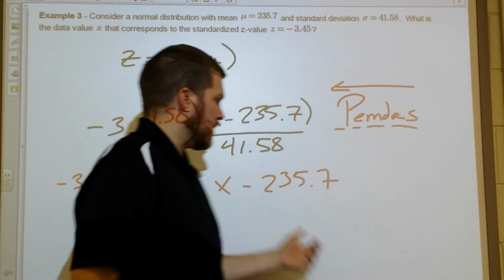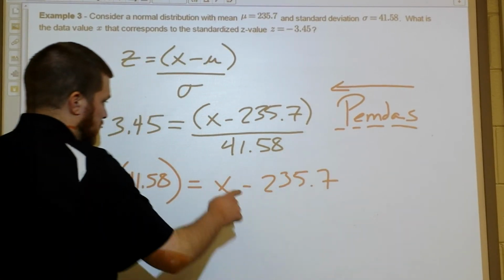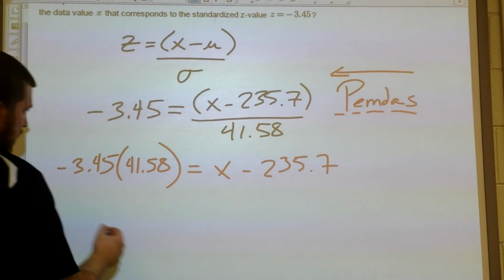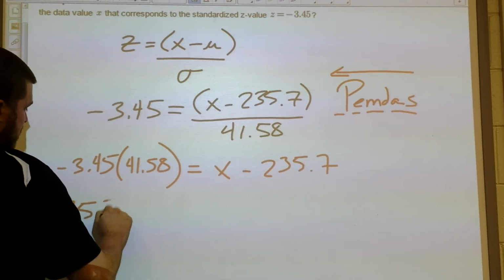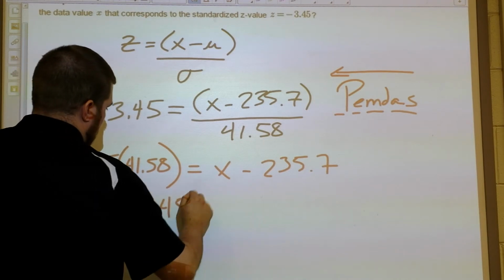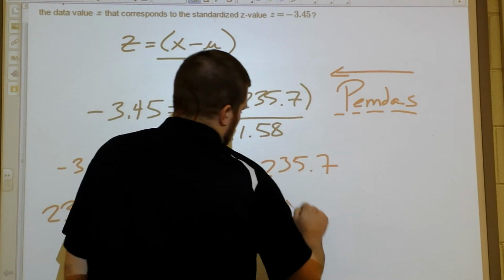I'm back to add and subtract. Here's a subtract. To cancel out subtract, I have to use add. So I'm going to add 235.7 to both sides of the equation. So this is where we're at: 235.7 minus 3.45 times 41.58 equals x.